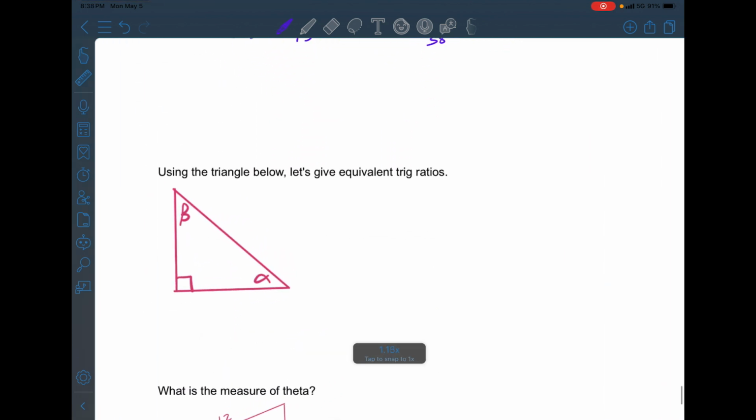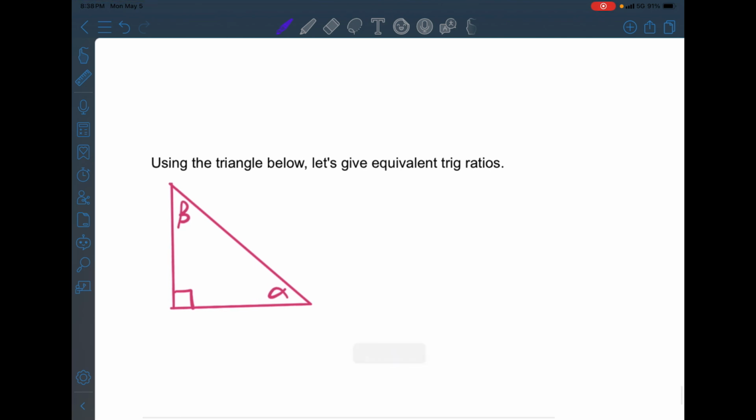All right, here we go. This goes along with our trig a little bit. Here is alpha. That's what that means. This one means beta. Just like we used this one that was theta, they're just placeholders like X, Y, and Z. But when we use trig, a lot of times they use these Greek alphabets. Okay? So it's just using the triangle below. Let's give equivalent trig ratios.